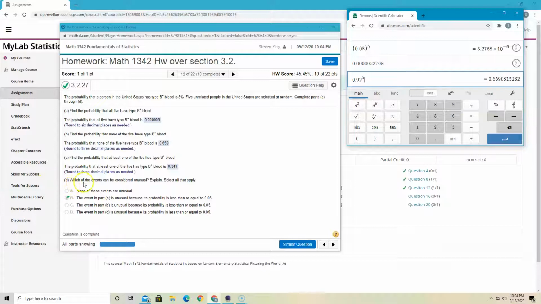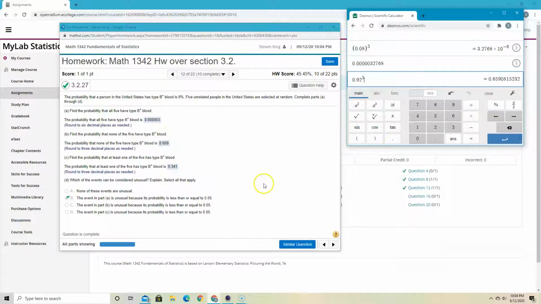And then letter D, which of the events can be considered unusual? Well, remember we talked about this one, how unusual it was. So the event in part A is unusual because its probability is less than or equal to 0.05. It's way less than 0.05.